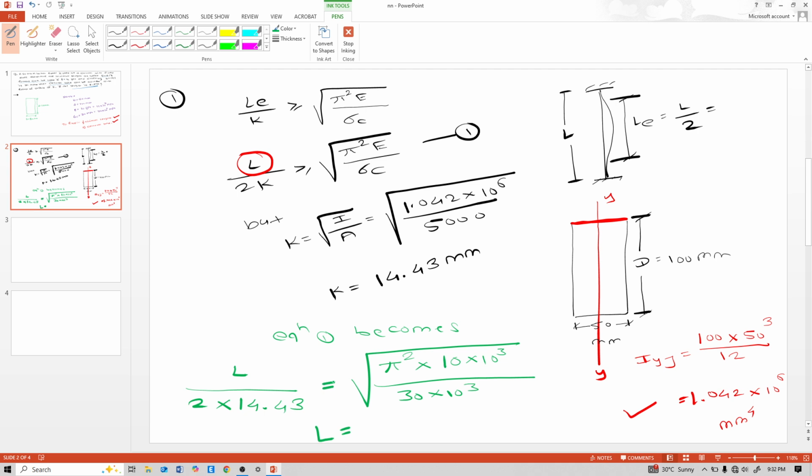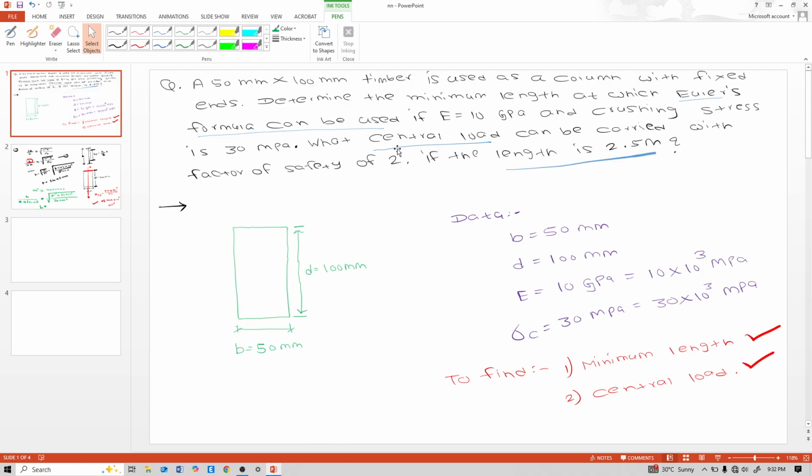So the calculation: pi square multiplied by 10 multiplied by 10 raised to 3, divided by 30 into 10 raised to 3, it is 1.8137, multiplied by 2 into 14.43. Wait, this is 30 MPa. This 30 is in MPa, and why did we write 30 into 10 raised to 3 MPa here?